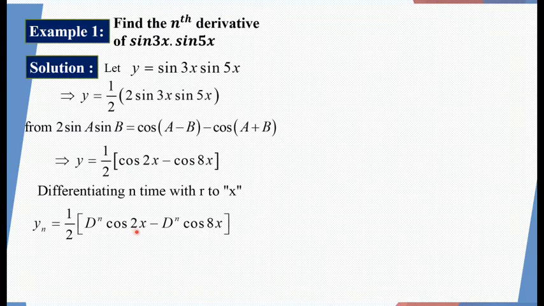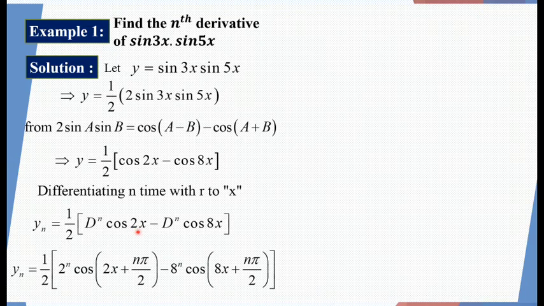It is just like nth derivative of cos(ax + b), so it will be a raised to power n cos(ax + b + n pi by 2). What is a? a is 2. So we write here 2 raised to power n cos(2x + n pi by 2), and similarly here a is equal to 8, so it will be 8 raised to power n cos(8x + n pi by 2). So this is the required solution.